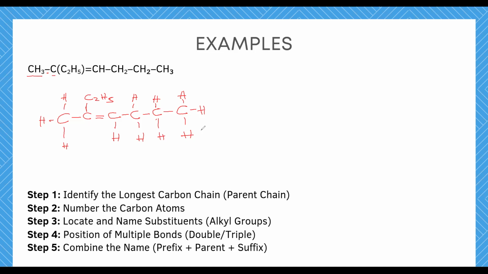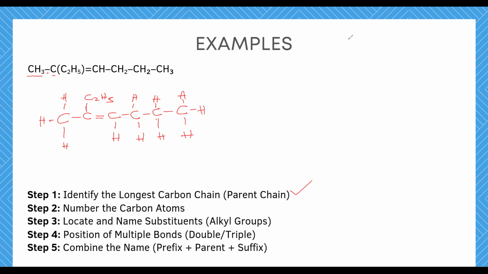Thank you. So now, rule number one says what? Identify the longest carbon chain. So, David, what is the longest carbon chain in this case? Look at it for me and tell me. Six carbons.